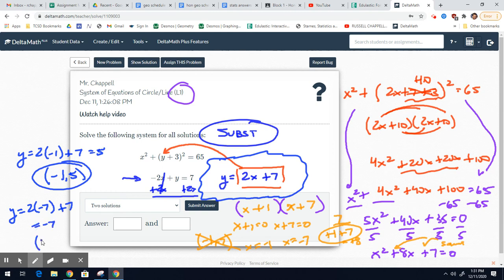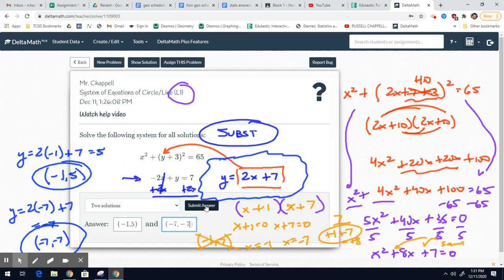So another solution is (-7, -7). And we have two answers, so we have two solutions: (-1, 5) and (-7, -7). And that's what we're going to put in. So two solutions, (-1, 5) and (-7, -7). Let's see how I did.